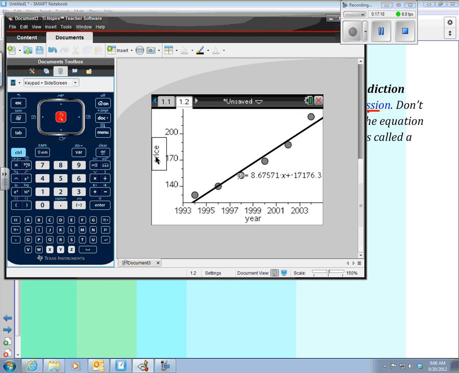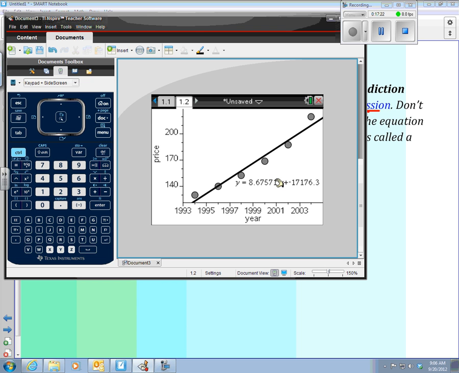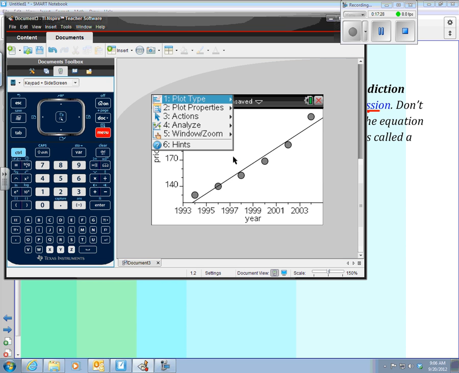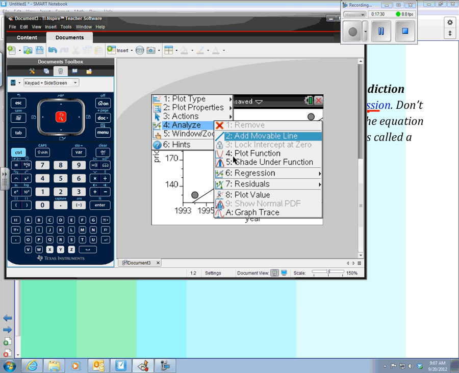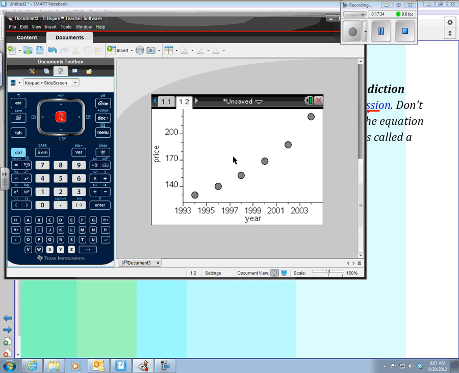Hit that again, and there's our line. Let me go to that again. Oh, I lost it. But it was the slope, and it was the y-intercept. Okay, I got it back here.